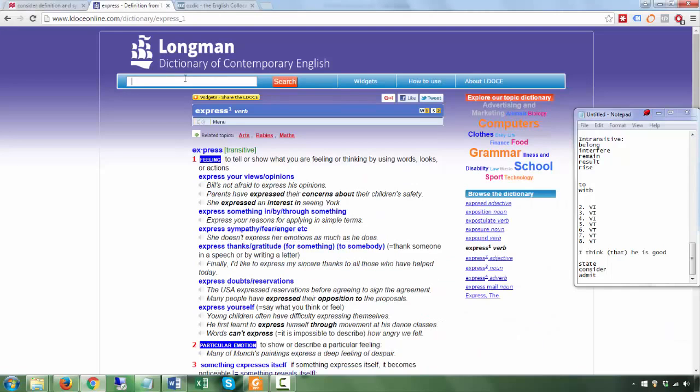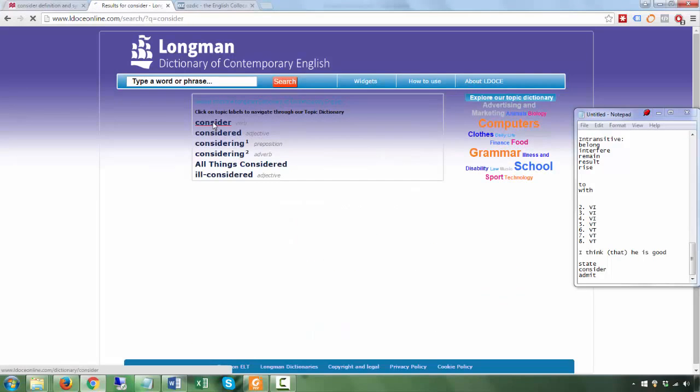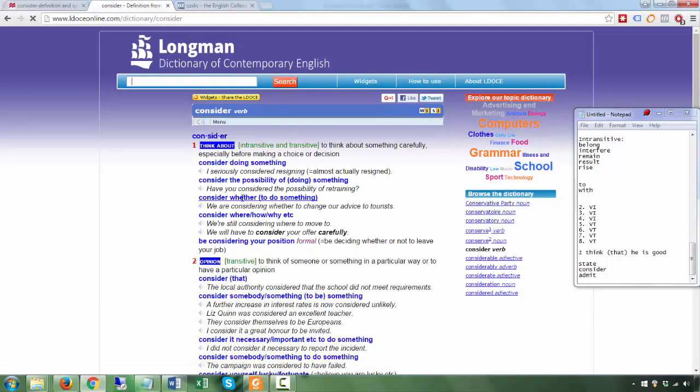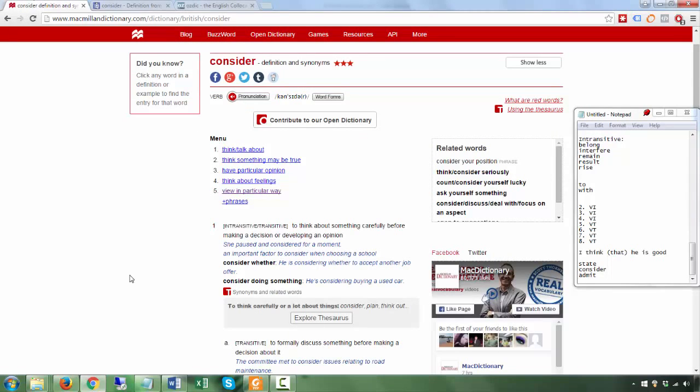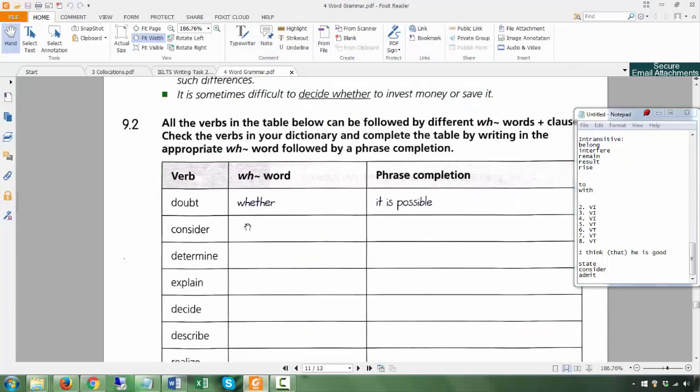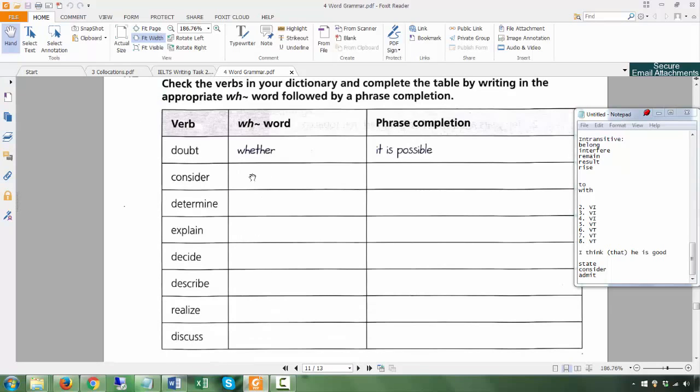Maybe if you put consider here, you may get other verbs: consider whether, consider where, consider how, consider why. You see, Longman is kind of more comprehensive. You can just go to the dictionary and look at all this. There are a lot. Go to Longman because it's a bit more comprehensive.